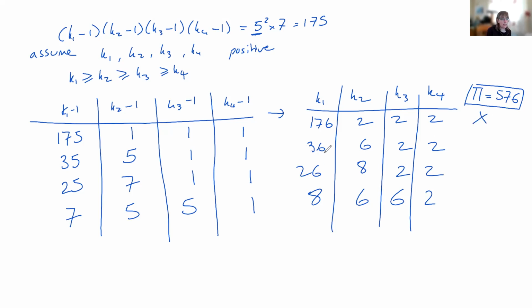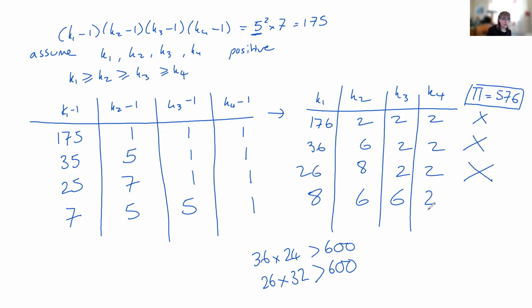This one here, we've got 36, and we've got 6, 2, and 2. 6 times 2 is 12, times 2 is 24, and 36 times 24 has got to be bigger than 600, because this is bigger than 30, this is bigger than 20. So that's not going to work. Similarly, on this one, we've got 26 multiplied by 8 times 2 is 16, times 2 is 32. So we have 26 multiplied by 32. That's bigger than 600. That one doesn't work.